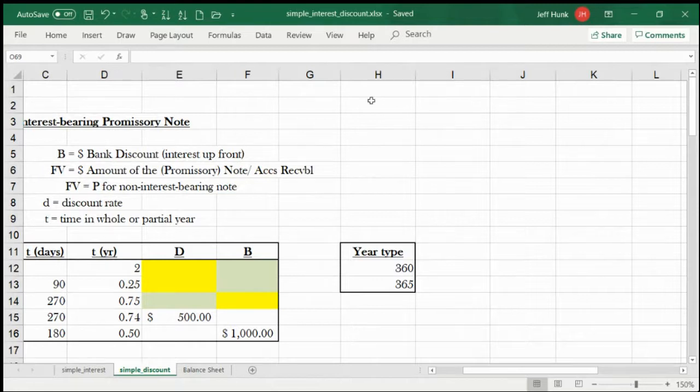For example, if Dell purchased $100,000 worth of parts and components from the manufacturer, and issued a 60-day promissory note at a 10% interest rate, obviously the principal amount is 100K.